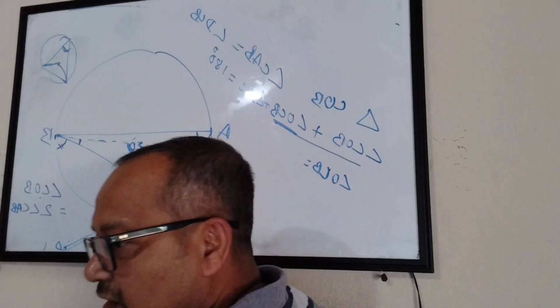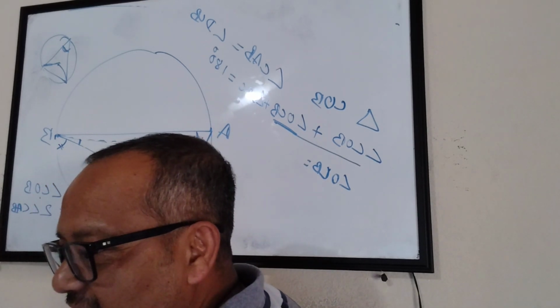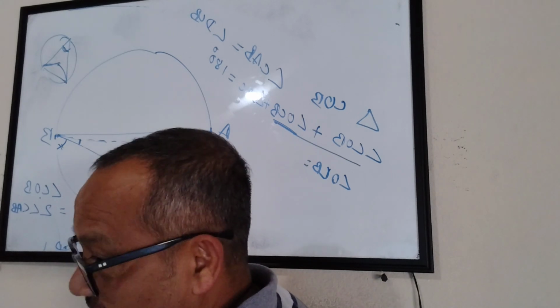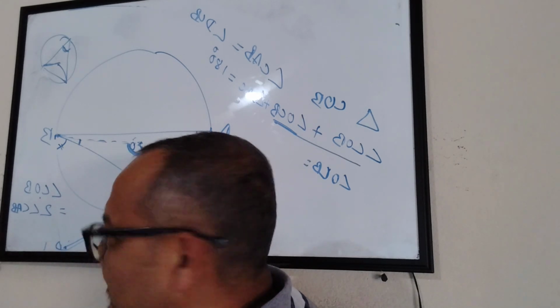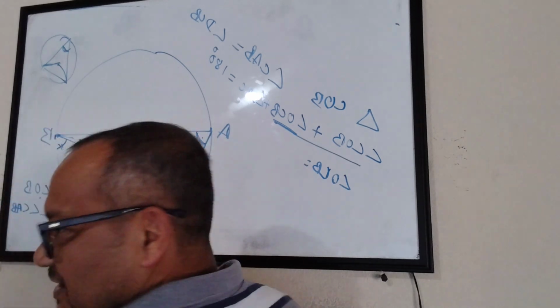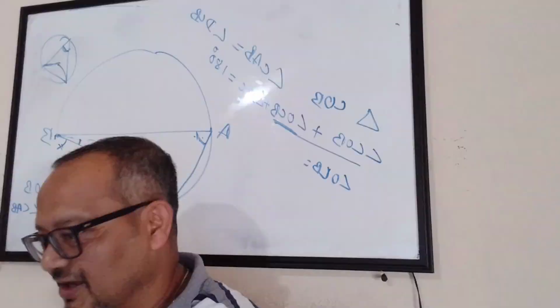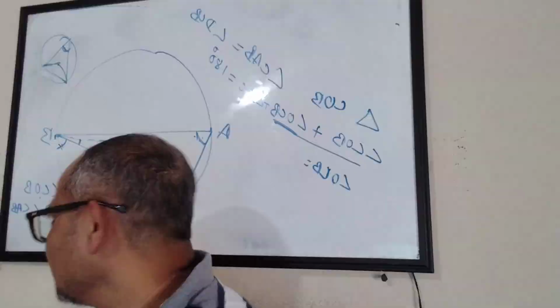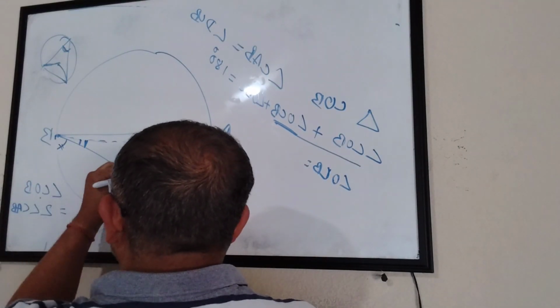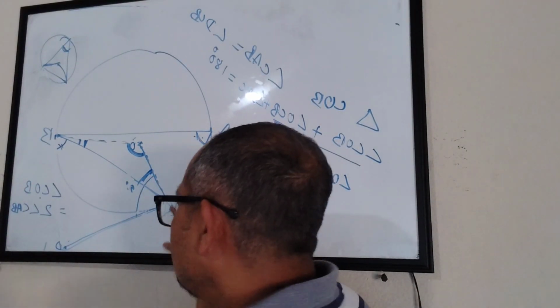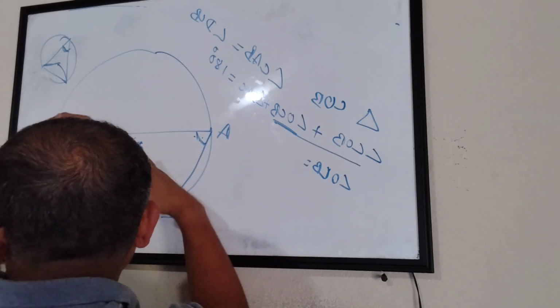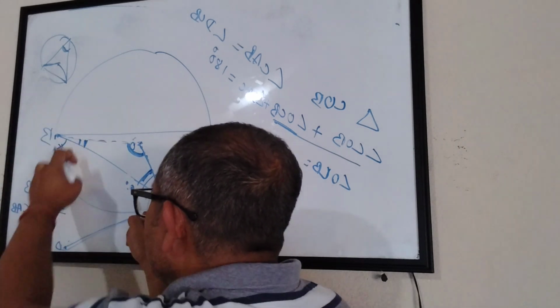Agree. Why? Because it's a nice isosceles. The radii are equal to each other, making it an isosceles. Exactly. That's a good catch. So this angle and this angle are same because these are the two radii, both are same. That means in an isosceles triangle, these two angles have to be same.